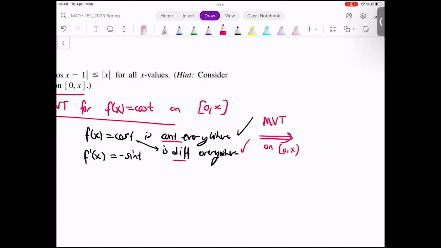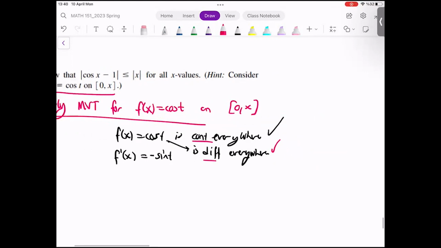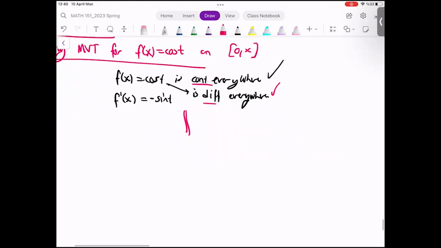I want to write all those things on the below part. So after checking the assumptions, now I can apply the mean value theorem on this interval.